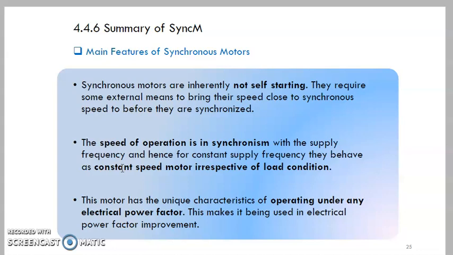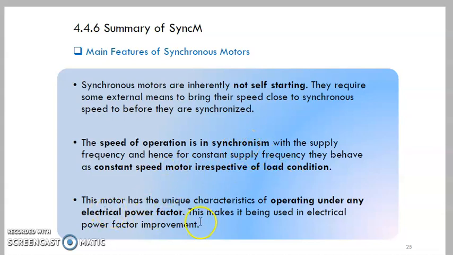But for a synchronous motor, whether you put zero load, minimum load, medium load, or maximum load, the speed will just be as your supply frequency speed. At any load condition, the speed will be synchronous.